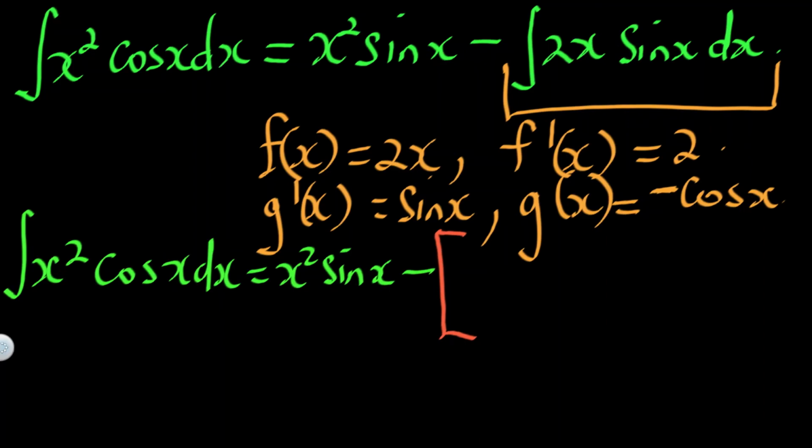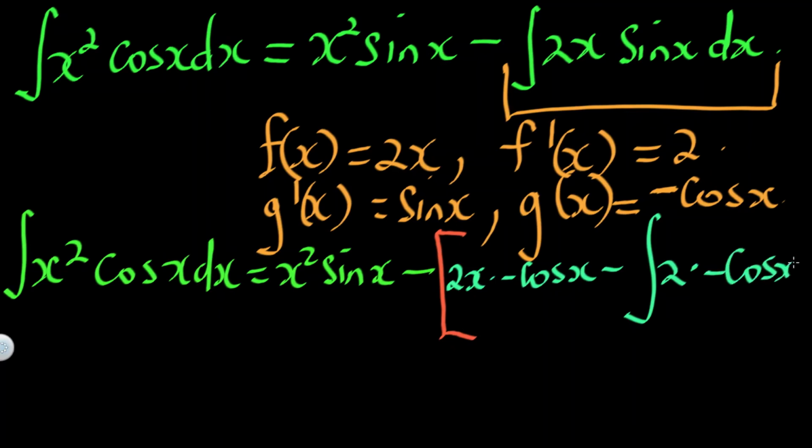Now I repeat the same formula for integration by parts. f of x, g of x. So our f of x now is 2x. Our g of x is minus cos x, minus integration of 2, which is our f prime of x, times g of x, which is minus cos x, dx.